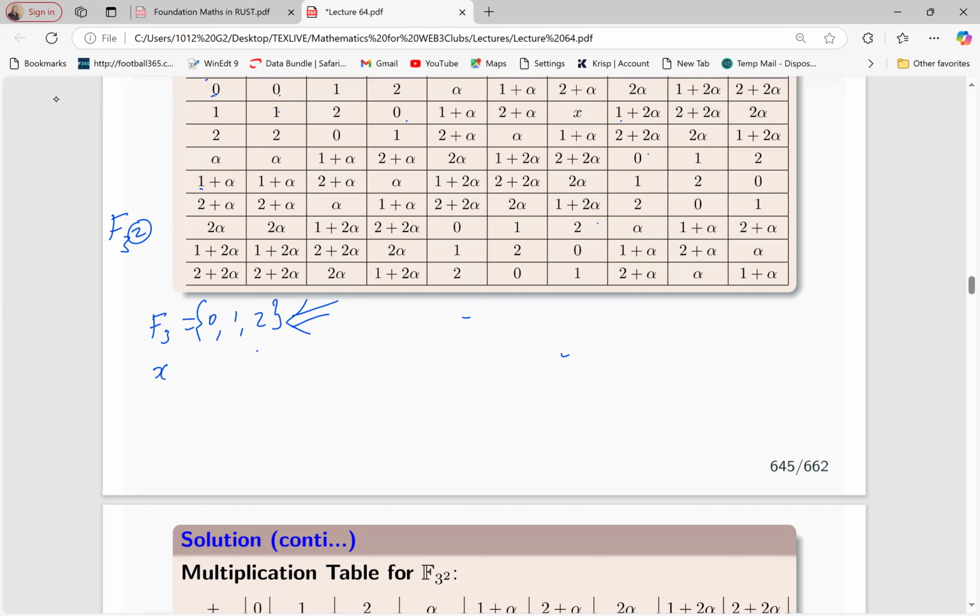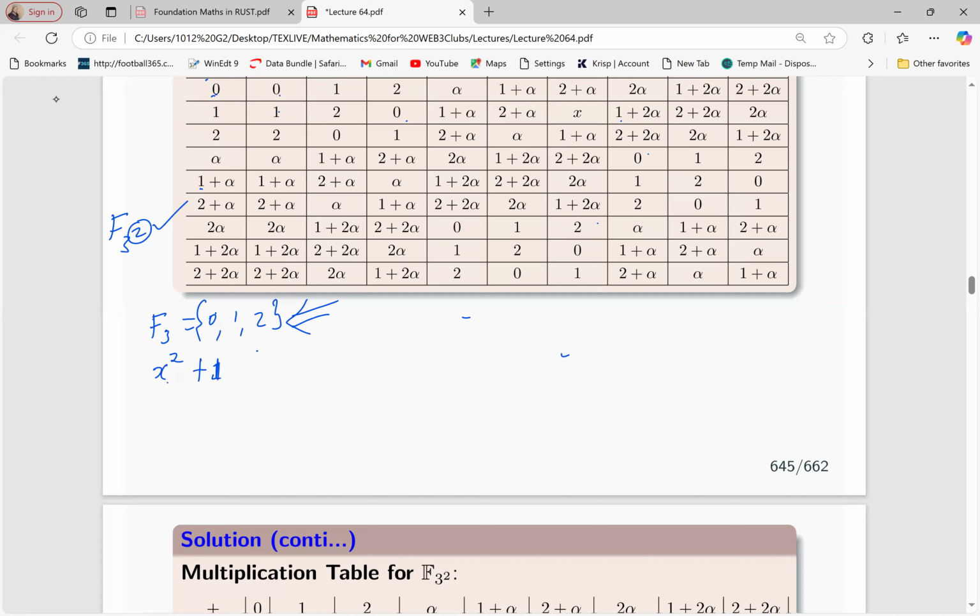The highest power of the polynomial should be 2. So the thing I can just try is x squared. X squared is not irreducible because when you substitute x with 0, you get 0. So x squared is reducible.